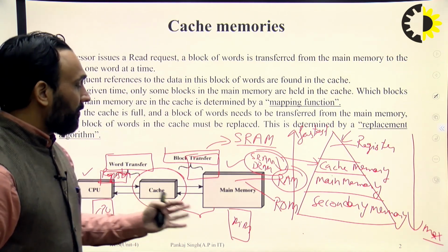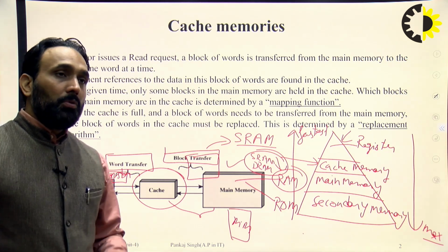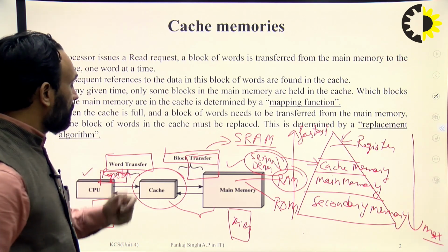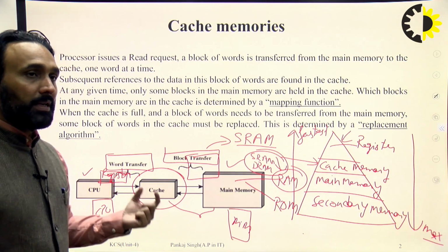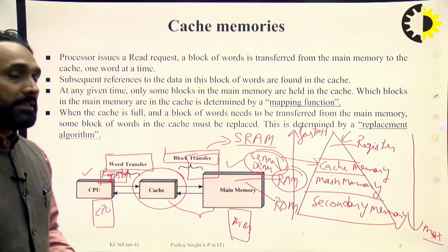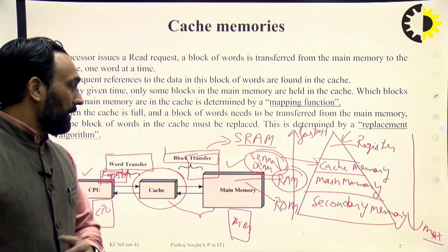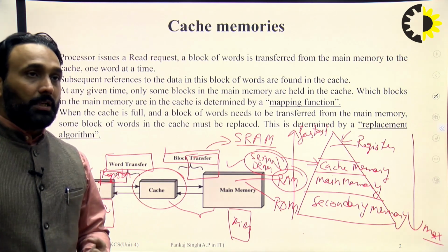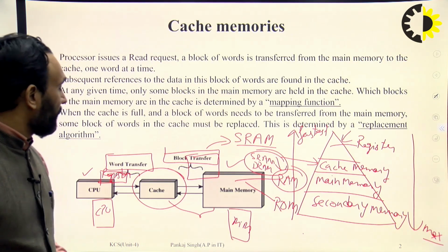So what is the advantage of keeping cache memory in between? When a CPU searches for any page or address, it first goes to the cache memory. If the required address or page number is available in the cache memory, that is known as a hit ratio. If the address or page is not available in the cache memory, the processor goes to the main memory, and that is known as a miss ratio, right?